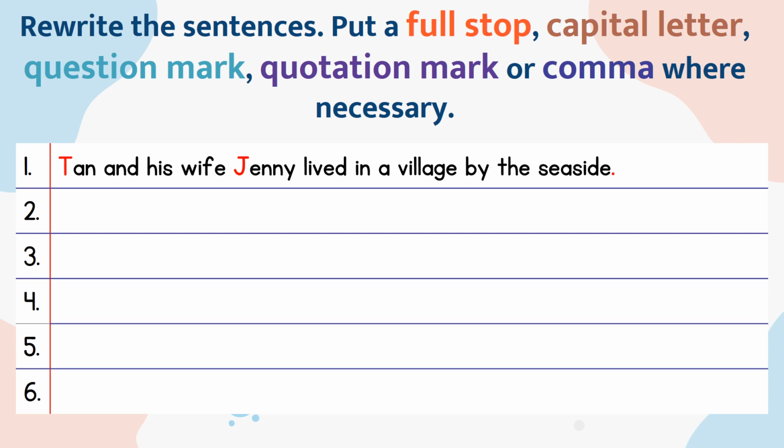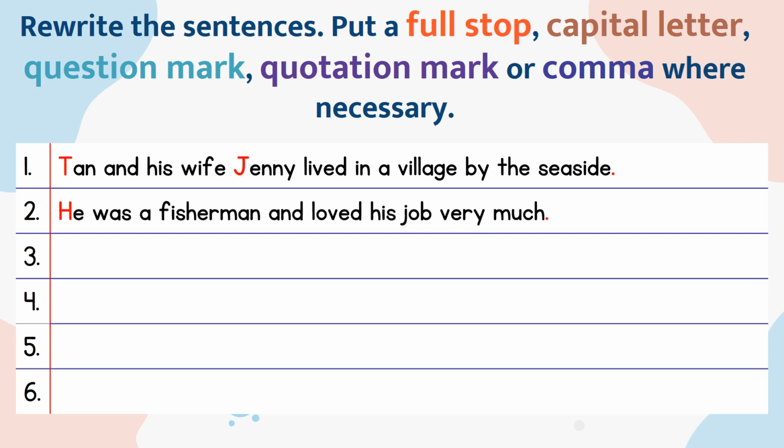We look at number 2: He was a fisherman and loved his job very much. To start a sentence, you must make sure you put a capital letter. Then end it with a full stop. Very good.